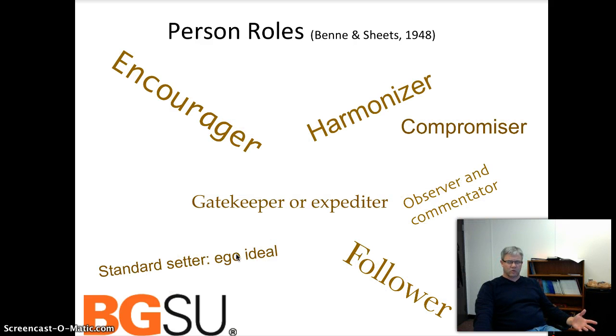And then there's the personal roles, and some of these may look familiar if you've done any work around cooperative learning, right? The encourager, the follower, the compromiser, the gatekeeper. These are all roles we also see come out of cooperative learning.